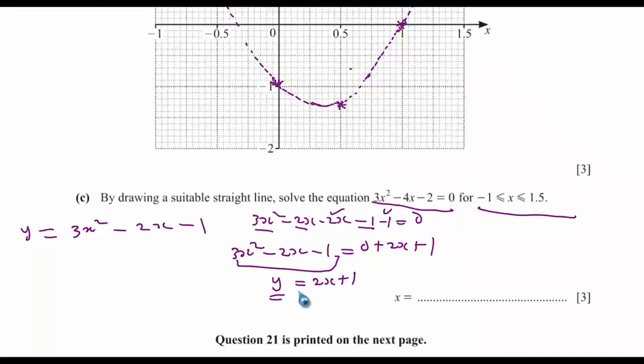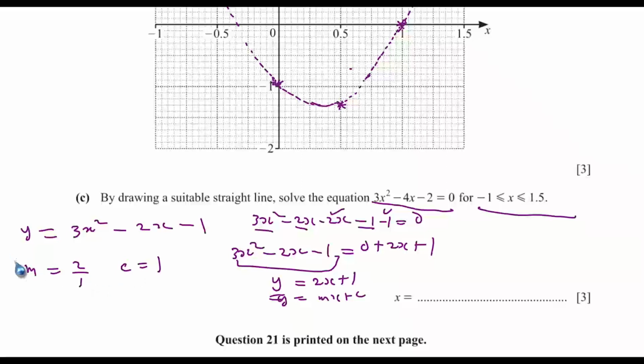If you look at this, y equals 2x plus 1. If you compare this with the general equation of a straight line, y equals mx plus c, that means m, which is the gradient, is equal to 2, which is the same thing as 2 out of 1, and the intercept on the y-axis is c equals positive 1.